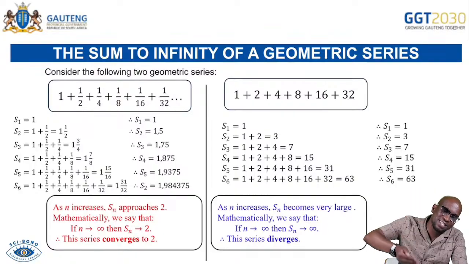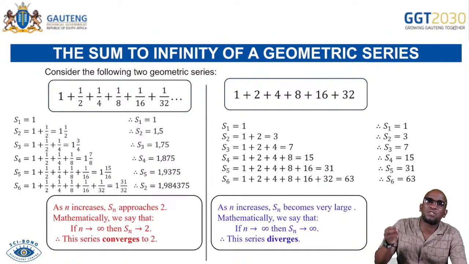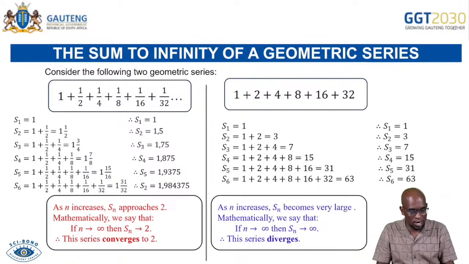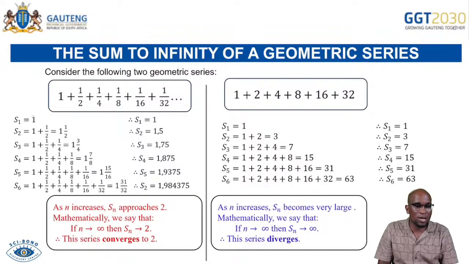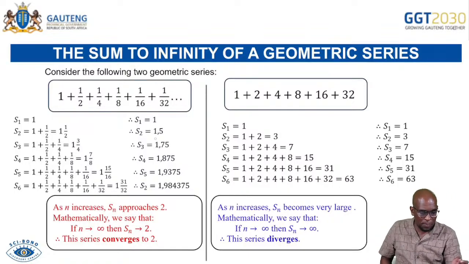You can see that the terms of the sequence become smaller and smaller here. Now, if you add the first term, S sub 1 gives you 1 because you're adding just one term. S sub 2 gives you 1 plus a half, you get 1.5. S sub 3 gives you 1.75. You can see the numbers are starting to grow a bit.